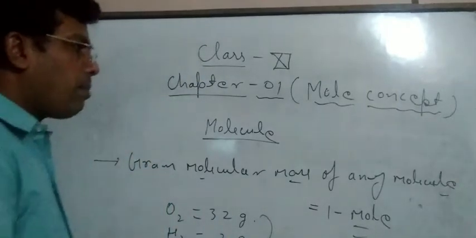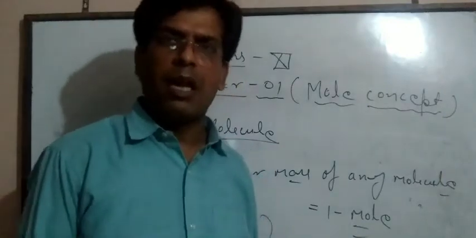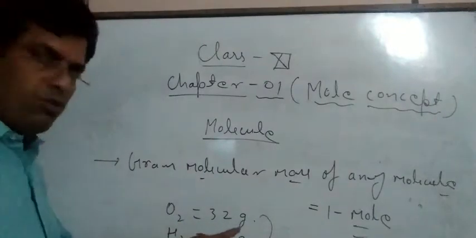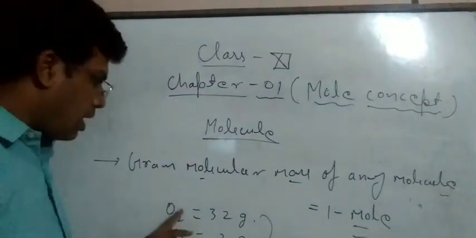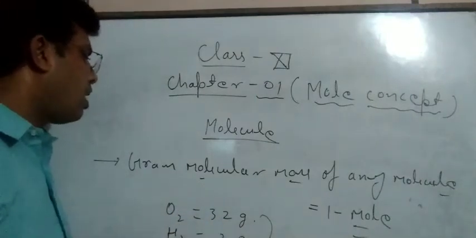So gram molecular mass of any molecule will be equal to 1 mole. For example, like O2 32 gram, gram molecular mass of oxygen molecule will be equal to 32 gram.